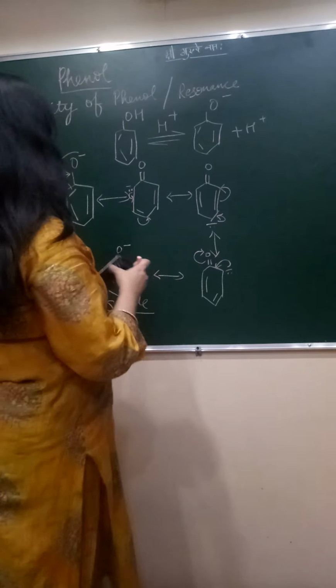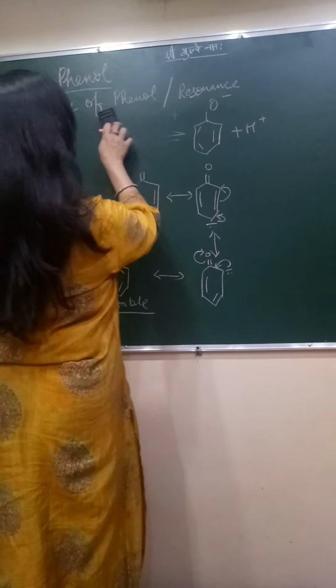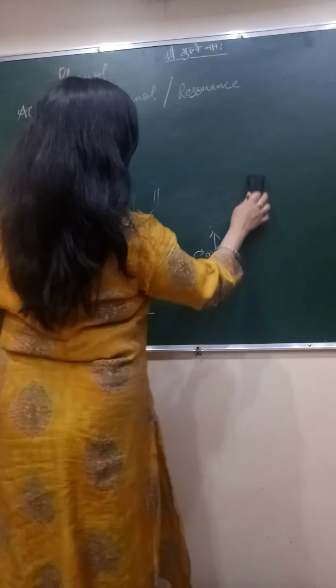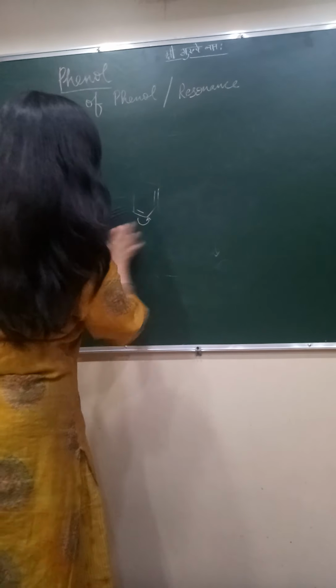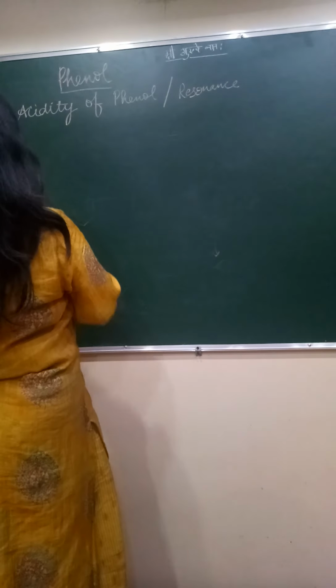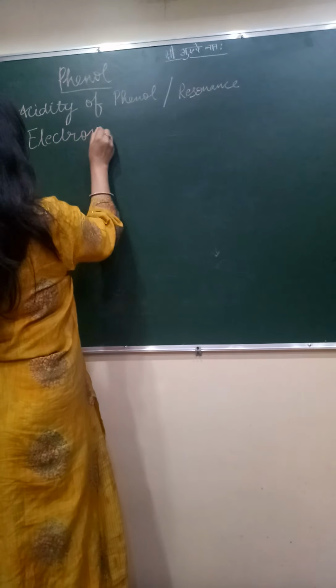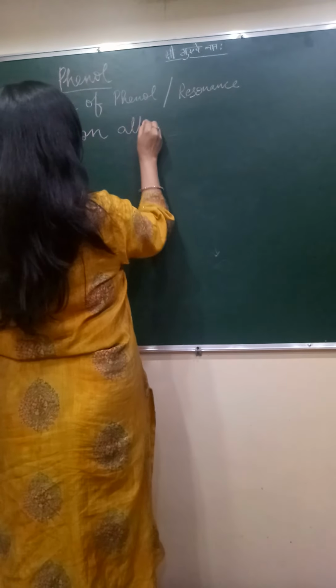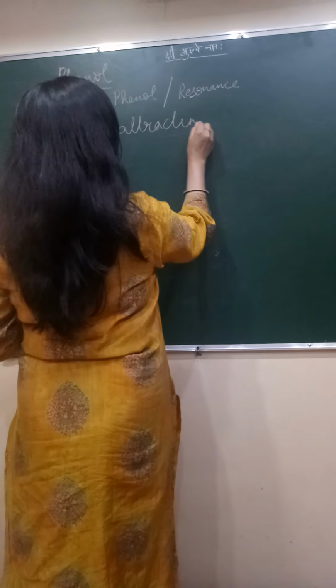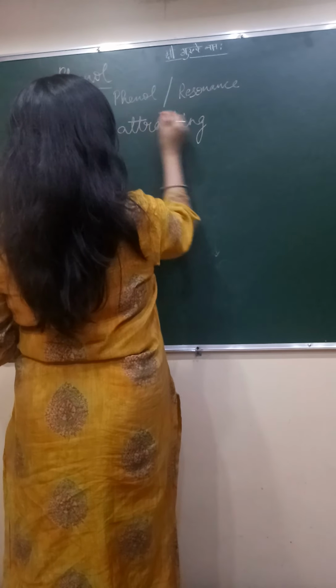Now there are some factors which affect the acidity of phenol. What are those factors? Number one, there are some electron attracting groups, which attract electrons towards themselves.